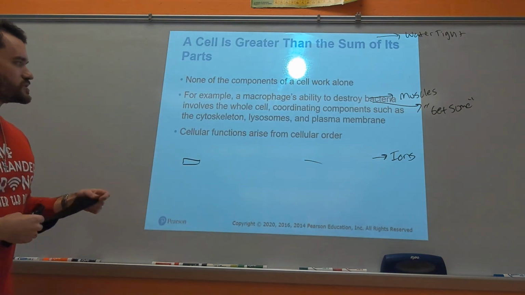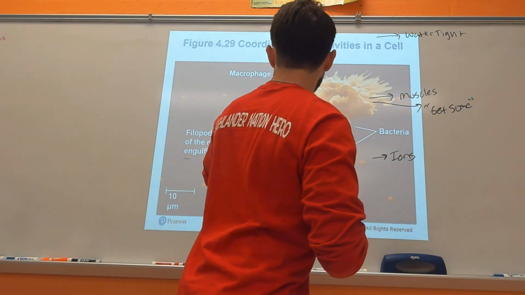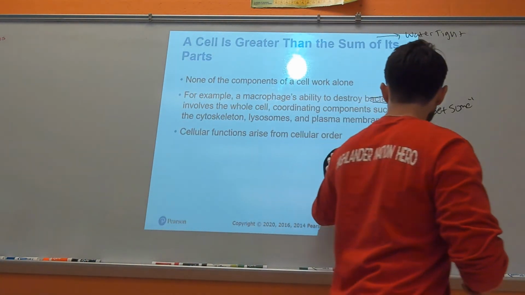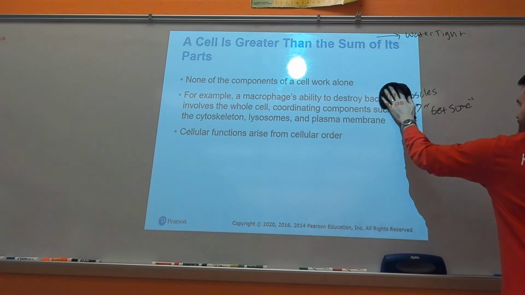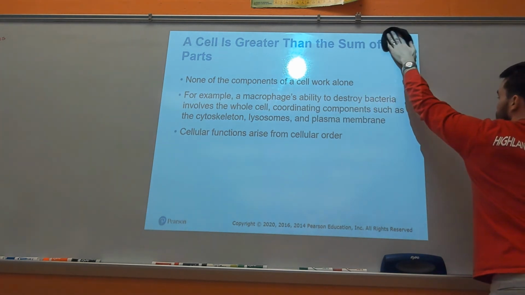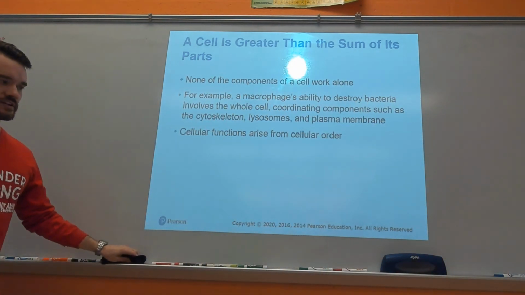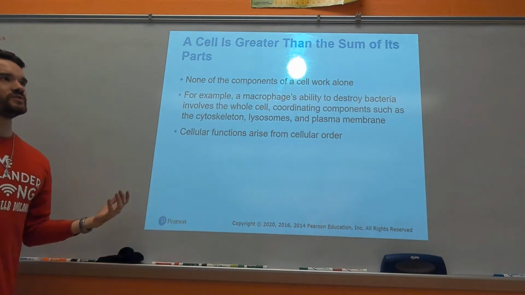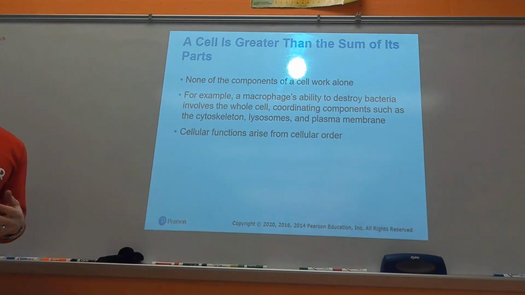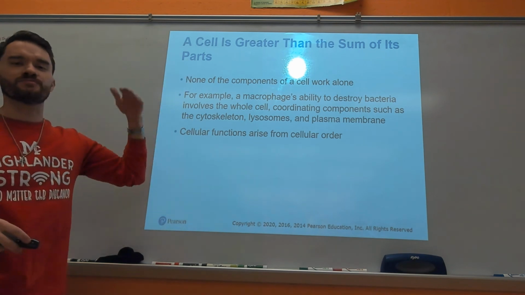Okay, I know that's most of it. Let me see what else is in this section. This slide is something I've kind of talked about: you can make flashcards memorizing the different parts of a cell, but really, especially for AP Biology and the AP exam, you want to get this idea that the cell is greater than the sum of its parts.